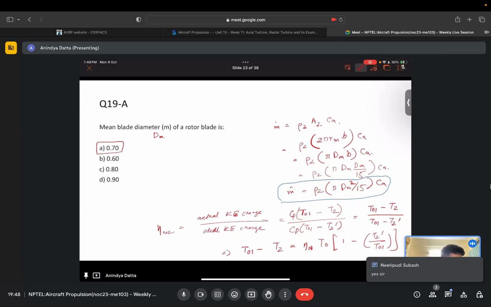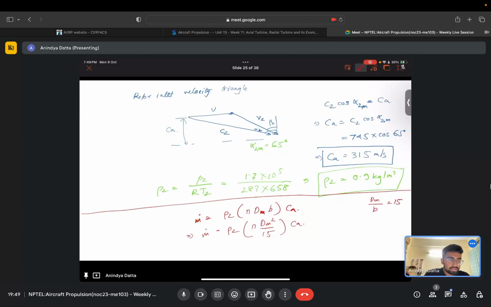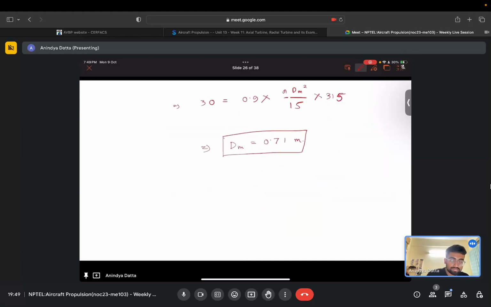We first take the nozzle, the stator part, and compute the exit conditions of the nozzle, which are the rotor inlet conditions. From that we can find the density at the inlet of the rotor and the axial velocity, and then using mass flow rate equal to density times area times axial flow velocity, we can compute the mean diameter.